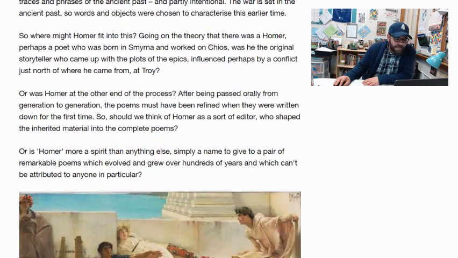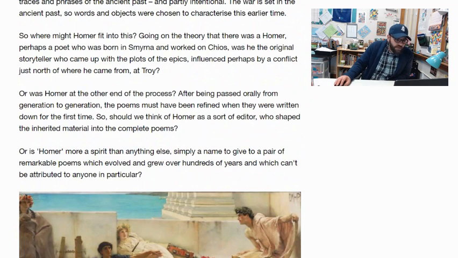So where might Homer fit into this? Going on the theory that there was a Homer, perhaps a poet who was born in Smyrna and worked on Chios, was he the original storyteller who came up with the plots of the epics, influenced perhaps by a conflict just north of where he came from, at Troy? Or was Homer at the other end of the process? After being passed orally from generation to generation, the poems must have been refined when they were written down for the first time.